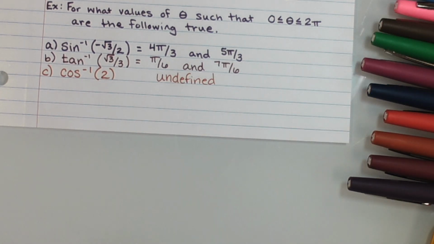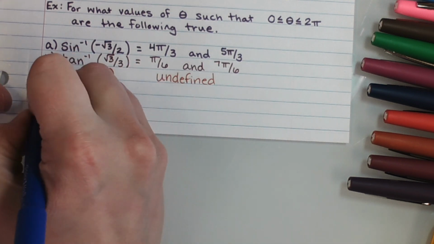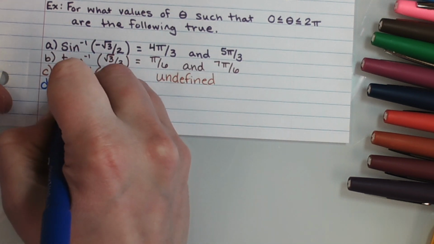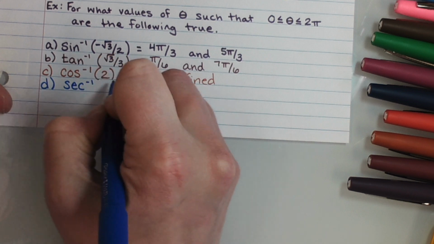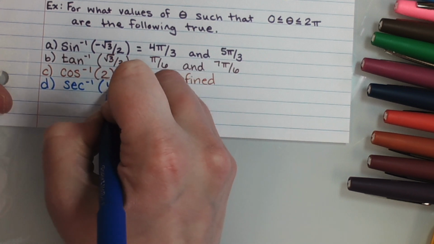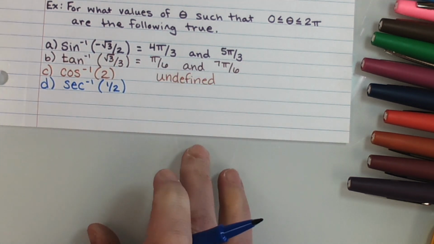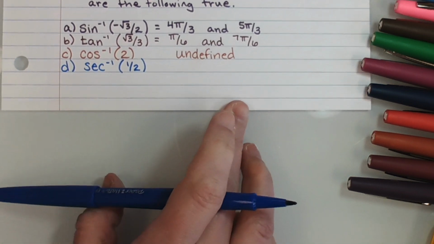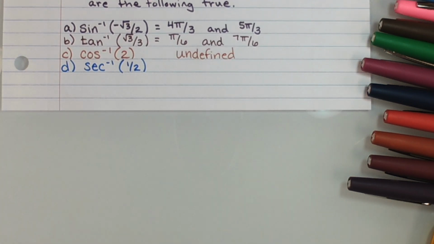Final example. How do I do secant inverse of 1/2 again?